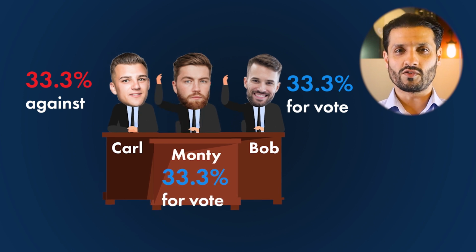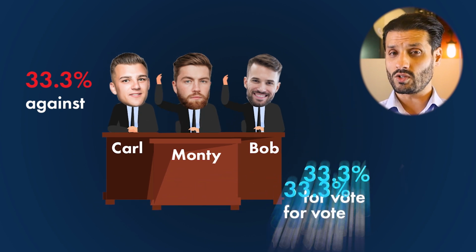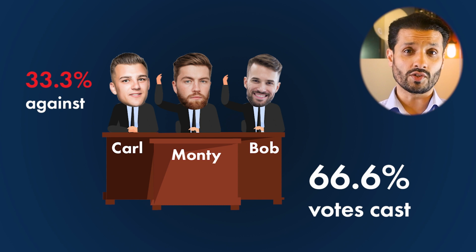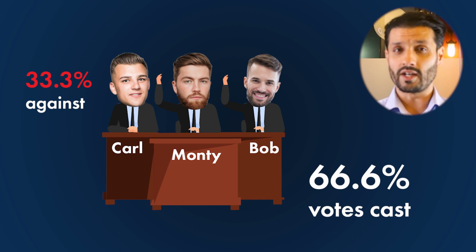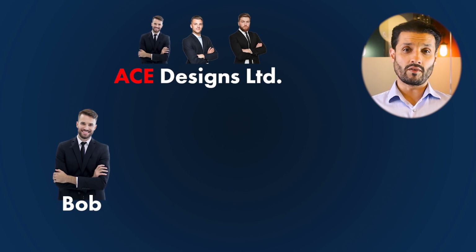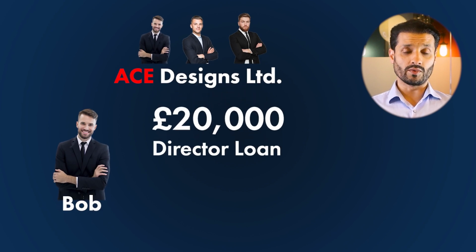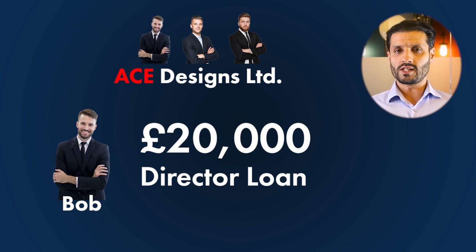And finally, Monty votes for by raising his hand, thus providing a total 66.6% of votes cast to give a simple majority, that is over 50%. Therefore permitting Bob to take the director loan of £20,000 from the company. Board minutes are produced and an ordinary resolution is passed, recorded and importantly circulated to all members.